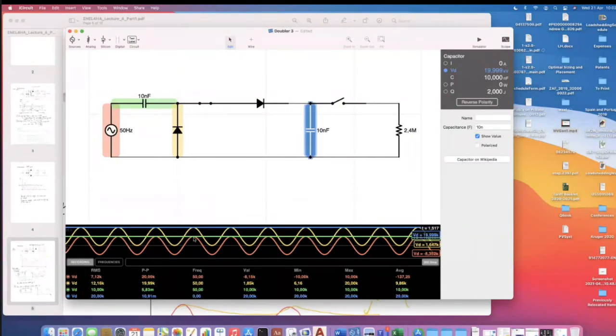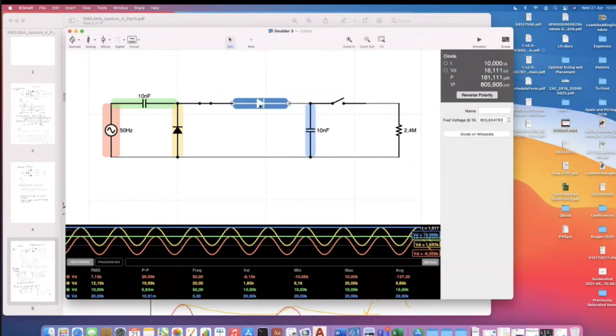So the question would be, why would we do something like this? The answer is that we don't know the size of these components yet. We don't know if we can get components big enough. So say we've got 20 kV diodes.